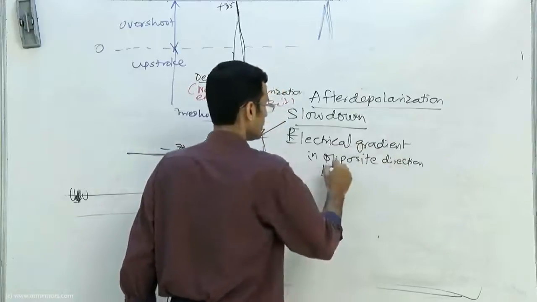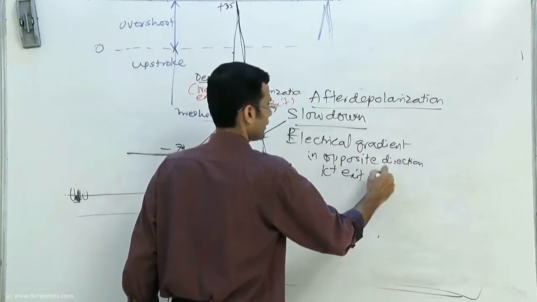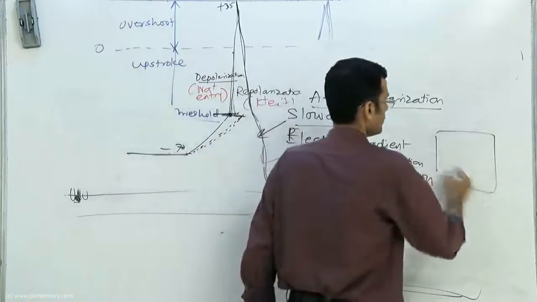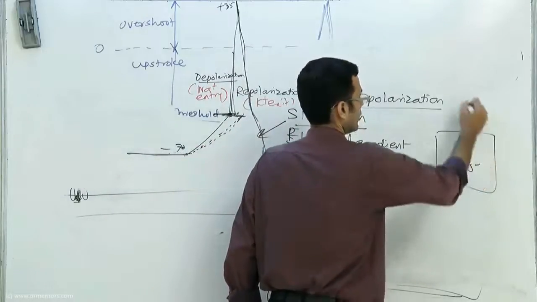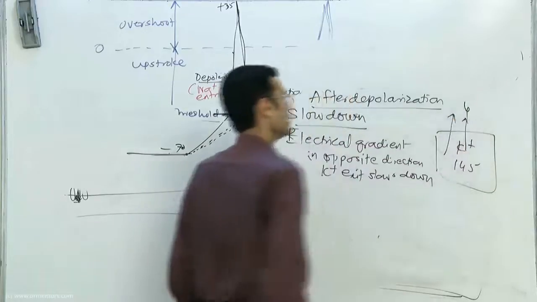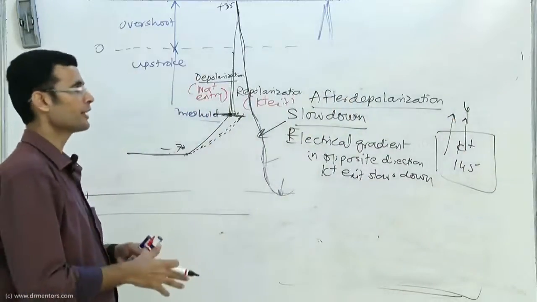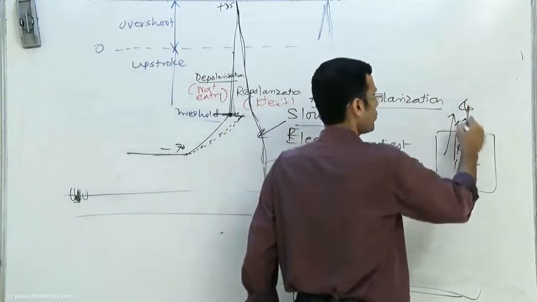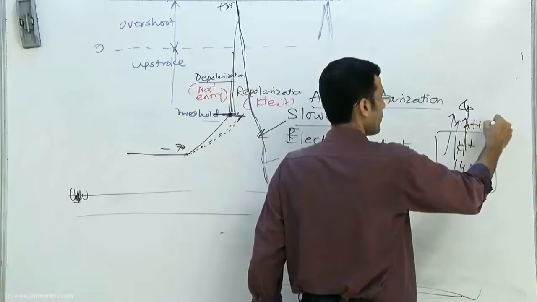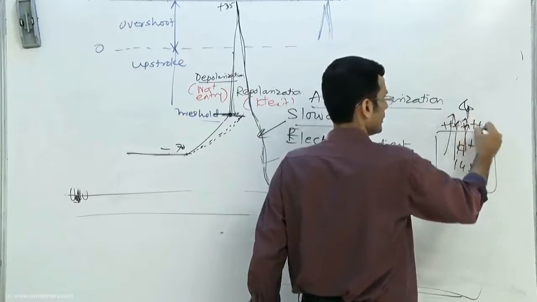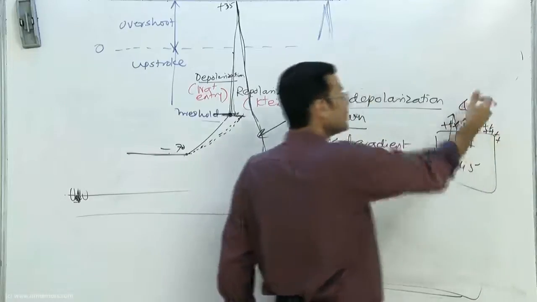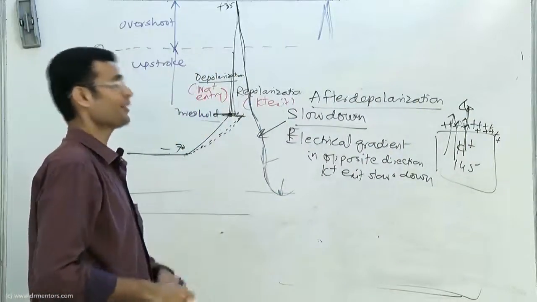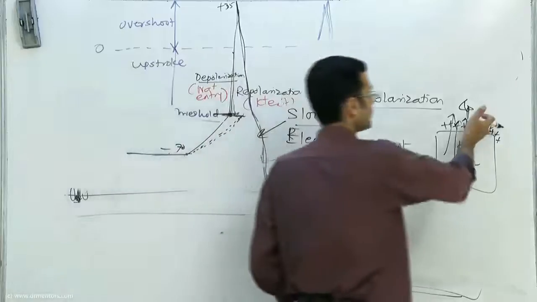Potassium exit slows down a little bit. You see, potassium started going out initially in large numbers because the concentration gradient was large. But as the potassium starts going out, it carries positive charges to the outside. Those positive charges get accumulated just outside the membrane, and therefore an electrical gradient got created in the opposite direction.